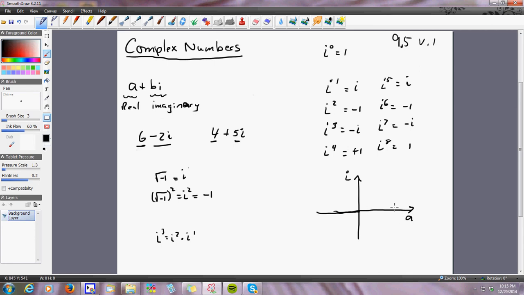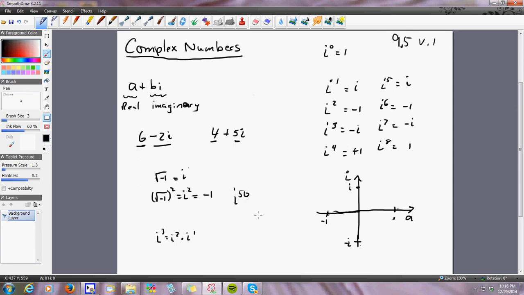So I have 1, i, negative 1, and negative i. And check this out. i to the first is i, i squared, i cubed, i to the fourth, i to the fifth, i to the sixth, i to the seventh, i to the eighth, and it just goes around.